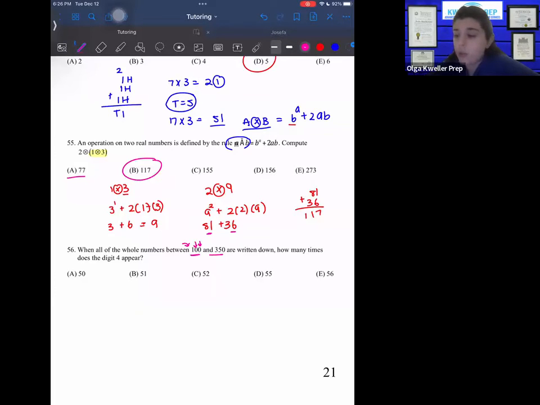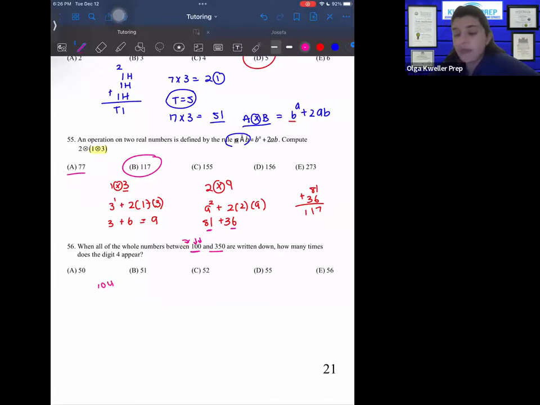When we're thinking about the ones place, we're looking at numbers like 104, and then every 10 it's going to repeat: 114, 124, 134, 144, 154, 164, 174, 184, and it keeps going until we get to 344. That's our last repetition of 4 in the ones place.